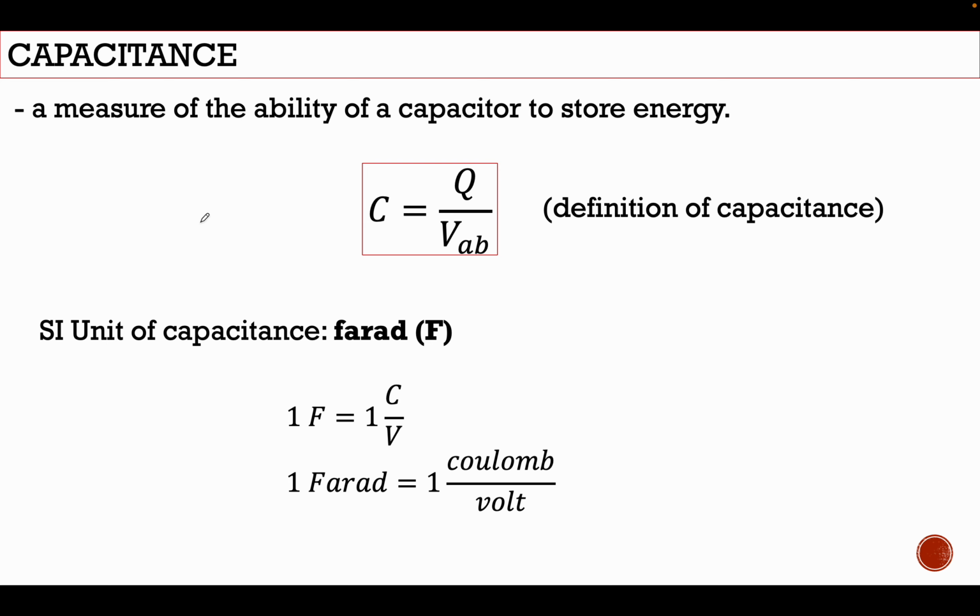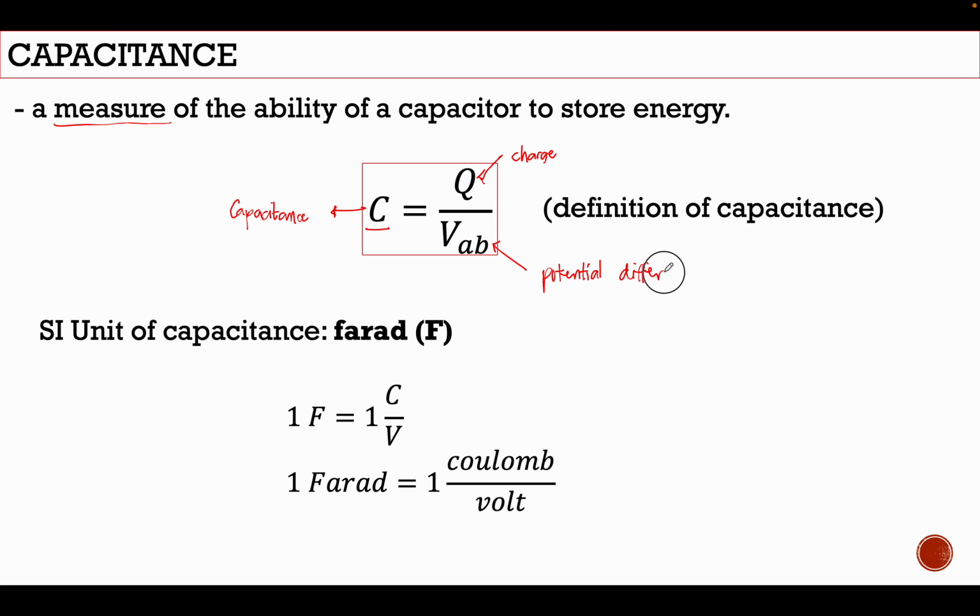Capacitance is a measure of the ability of a capacitor to store energy. The symbol for capacitance is the capital letter C. C is equal to Q, where Q is our charge. And VAB is our potential difference.